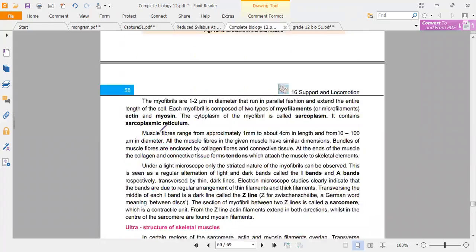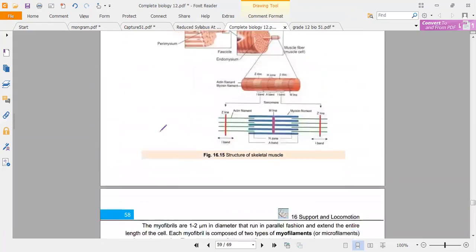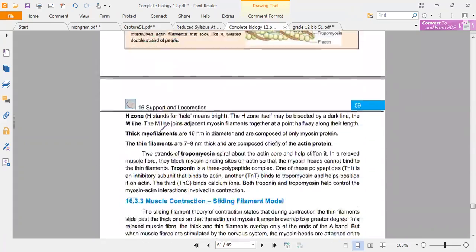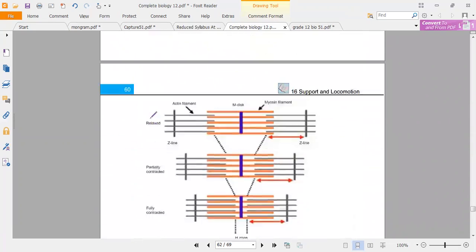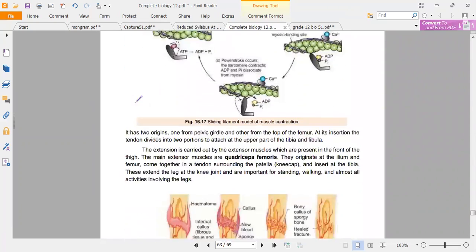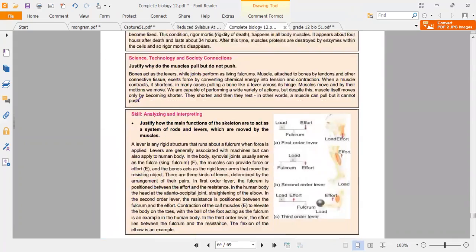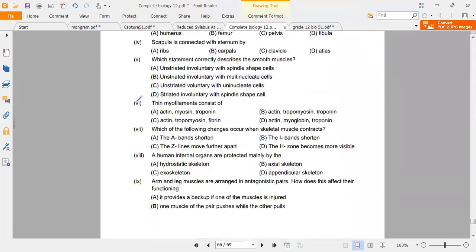The ultrastructure comes under the structure of skeletal muscles, as well as muscle contraction in which the sliding filament model is included, but the antagonistic arrangement is excluded, as well as muscle disorders, which are also excluded.